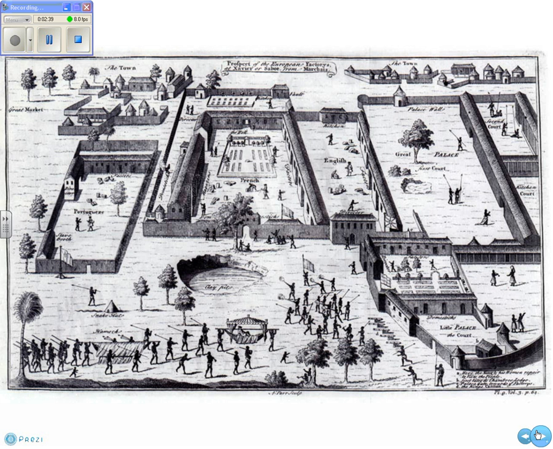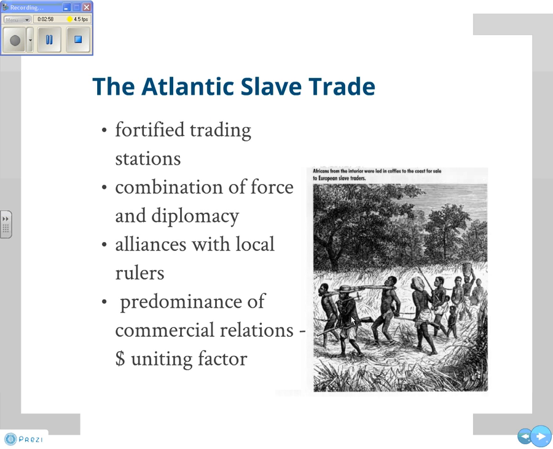Europeans, to be honest, don't do real well down here. So they don't want a long-term or a large presence anyway. So they establish these slave fortifications where Africans would bring in slaves to sell to them, and then they would ship them out.